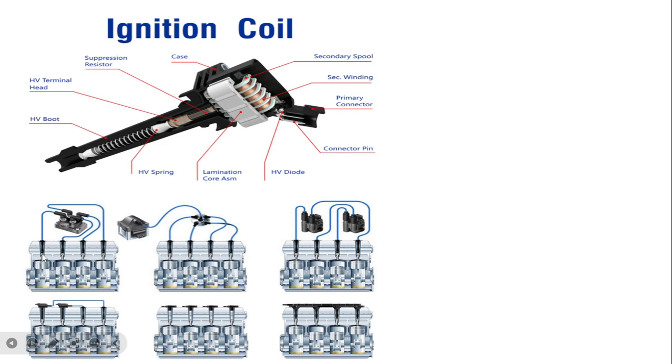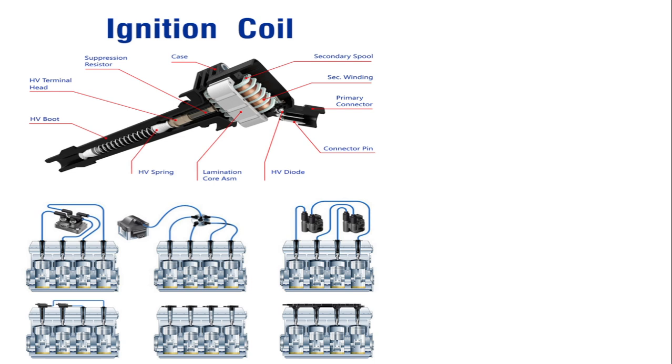At the top of each piston you can see an ignition coil. Total 4 ignition coils are used. The reason is that an engine can be a 4-cylinder engine or a 6-cylinder engine, right?